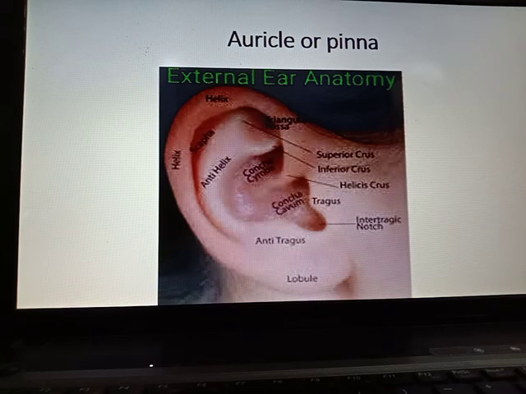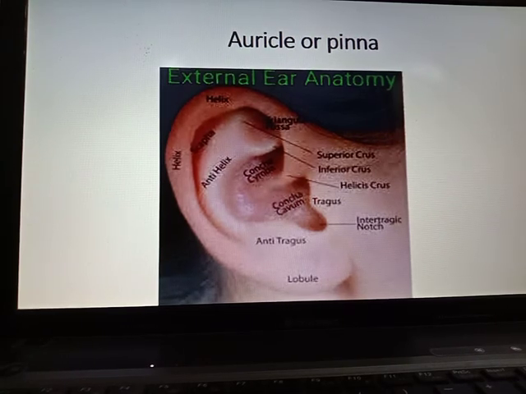Then come to the auricle or the pinna. The auricle or pinna is the visible part which lies on both sides of your head, and it acts as a collector of sound waves and conducts them to the external ear.